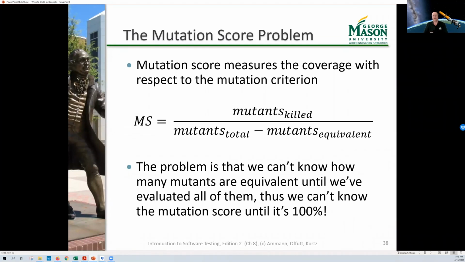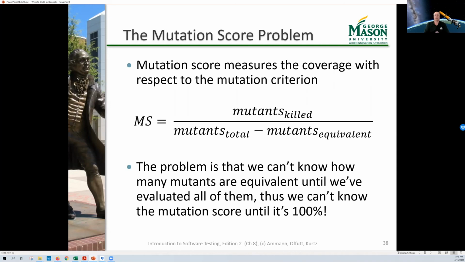I don't know how many mutants are equivalent. And I can't know how many mutants are equivalent until I've evaluated all of the mutants. And as a result, I can never really know the mutation score for real, the actual mutation score. I can't know what the mutation score is at any point until I'm actually done.